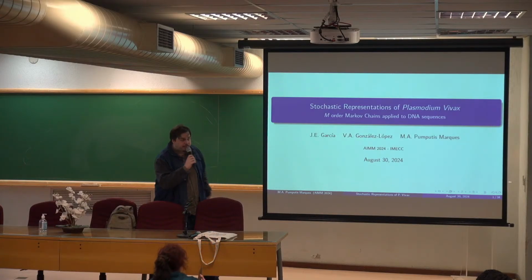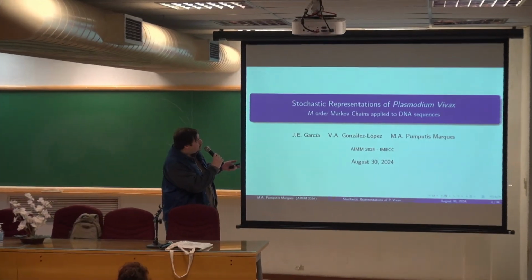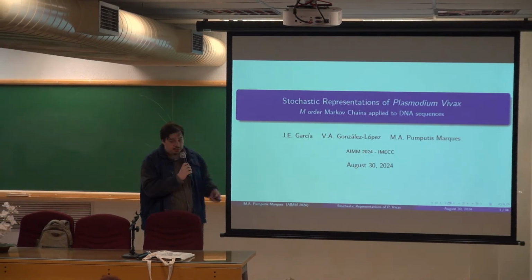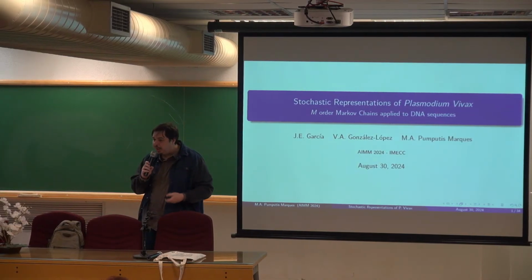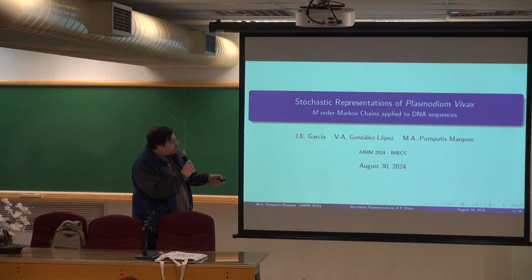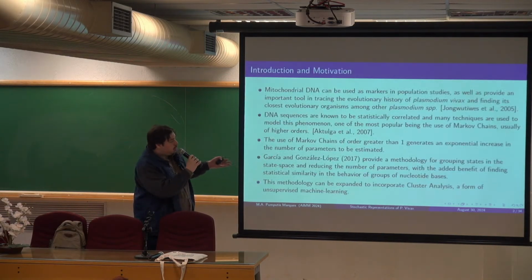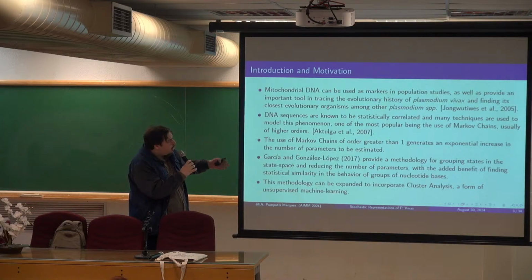Good morning, everyone. I'm Matheus, and I'm going to present this paper that I wrote with Professor Veronica and Professor Jesus. Thank you, Professor Veronica and Professor Wally, for the introduction. And let's begin here. So first, the introduction and the motivation. Mitochondrial DNA has many uses in biomedicine.